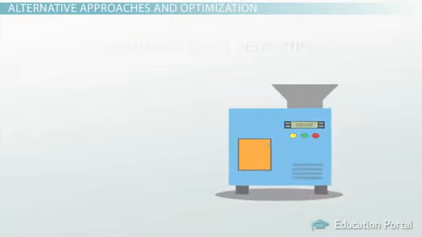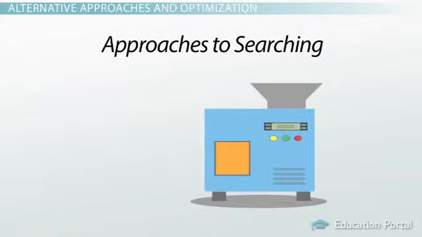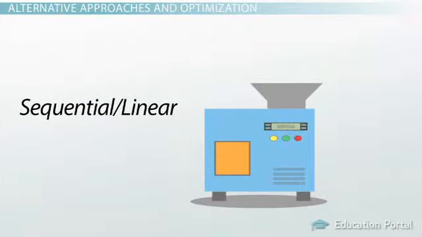There are different approaches to searching, each representing a slightly different technical approach to the same problem. In a sequential or linear search, you start by examining the first item in the list to see if it matches the properties you are looking for. If not, you continue examining each sequential item until a match is found.